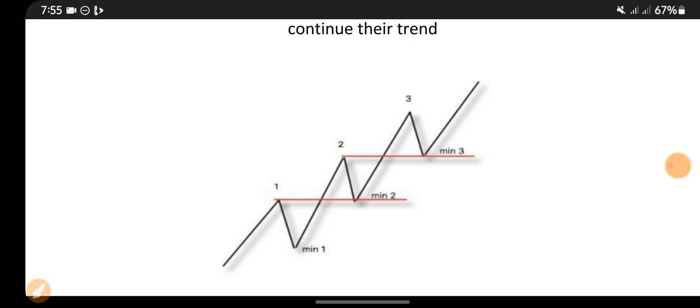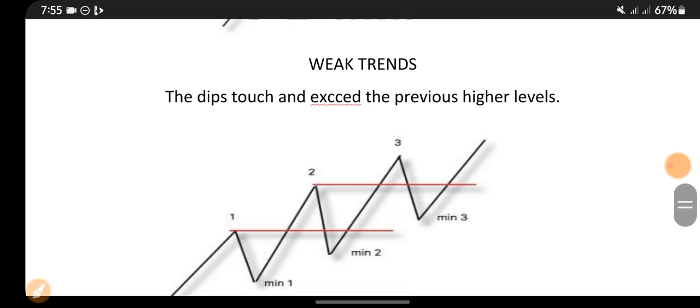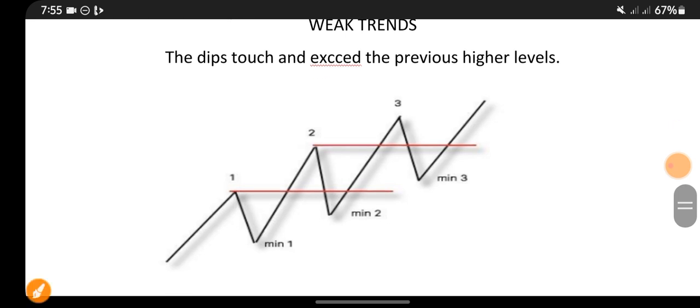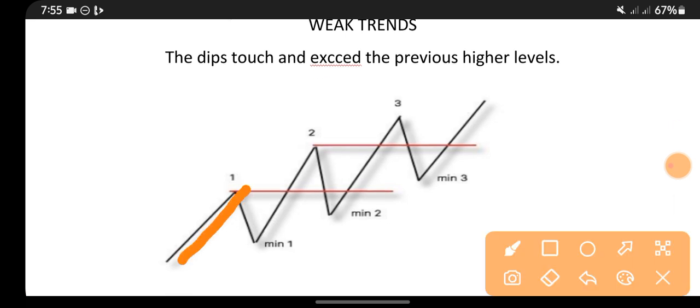How do you understand that the price is actually in a weak trend? In the weak trends, these dips, these retracements, actually break the previous higher high. That means the sellers are actually a little bit stronger. They are trying to match the energy of the buyers.